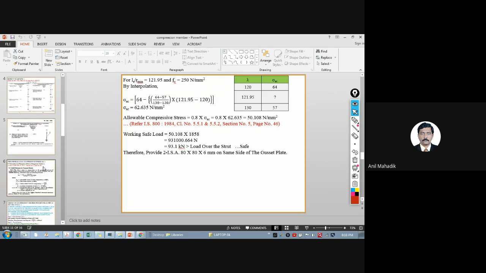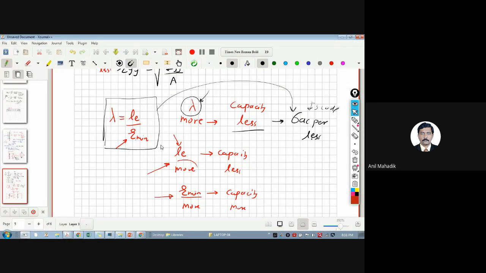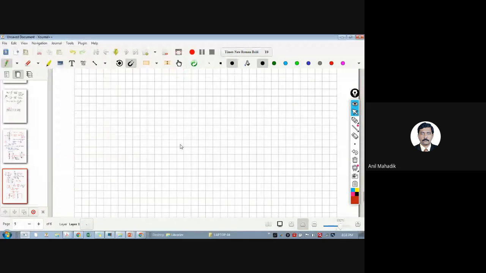Now actually compression member, tension member, can you give me examples where the compression comes in any structures, general structures? कुछ भी example बताओ जिसमें compression है, tension है. So the example of tension member, examples of compression member बताओ कहाँ कहाँ आता है? So struts में आता है सर compression member.